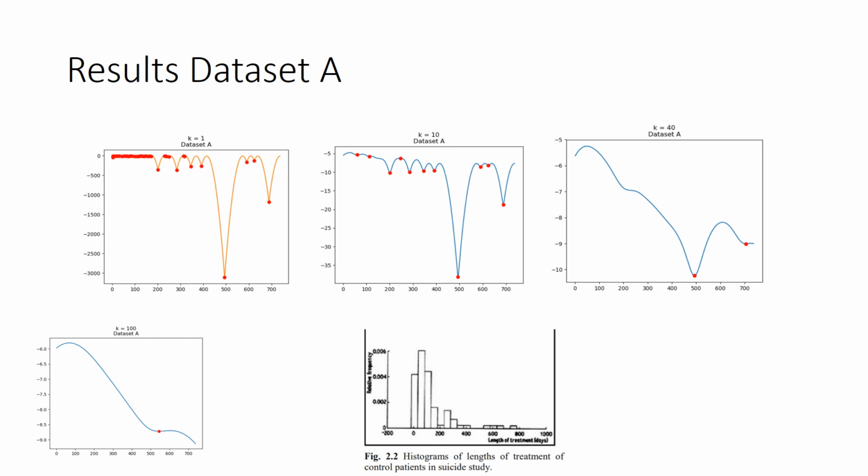We can also see that with k equal to 40, we have some kind of local minimum, but the slope is really low, and it's not detected as a local minimum because it's not increasing. But it would be interesting to put a limit at this point.